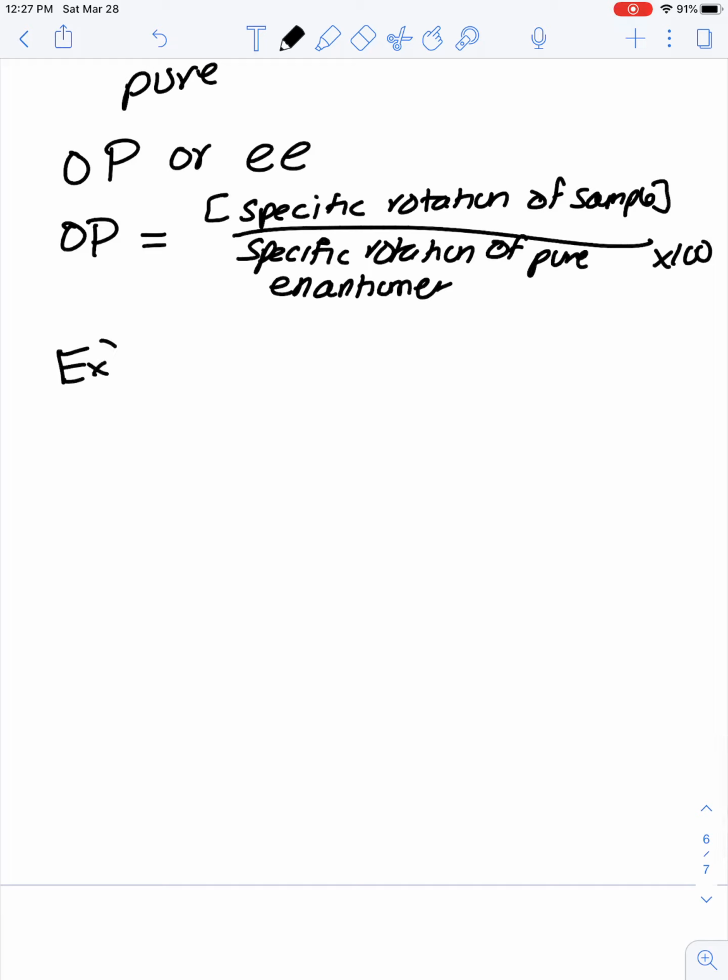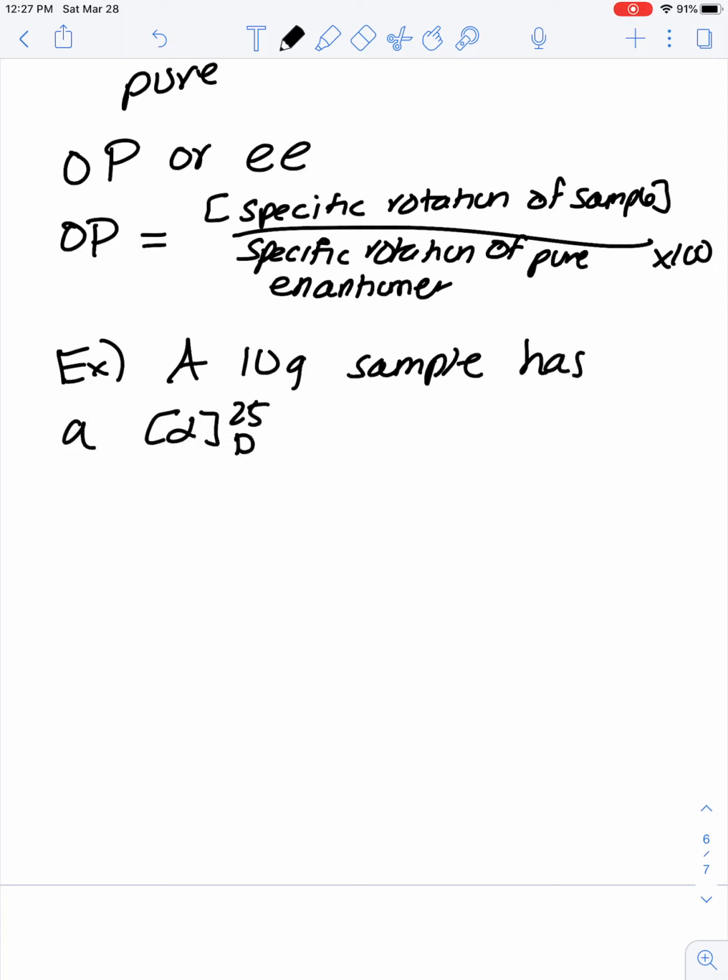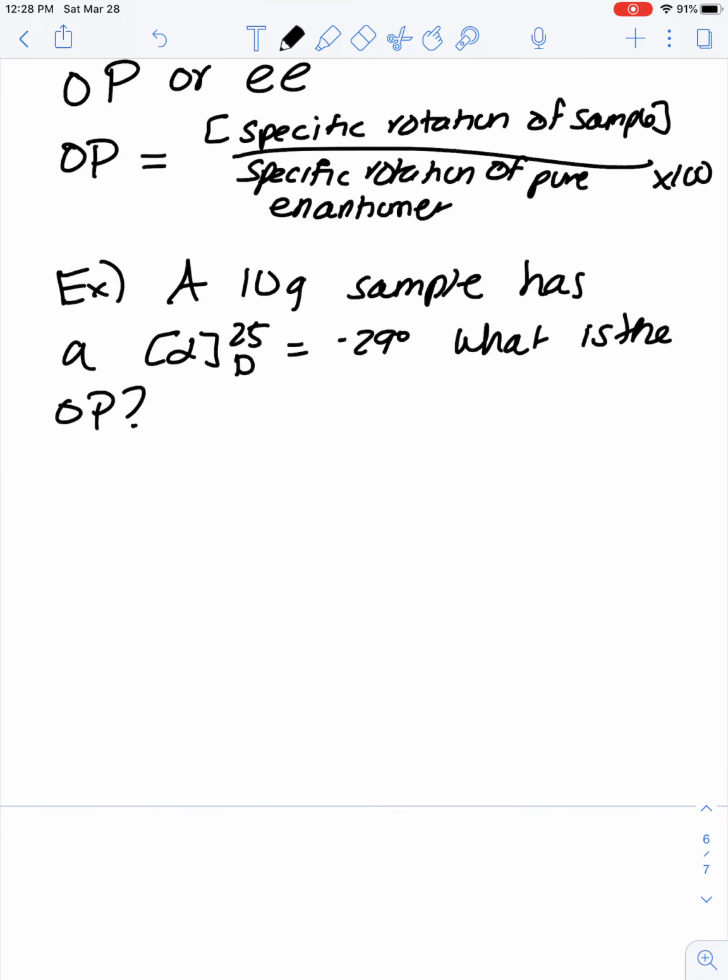So let's look at an example. If we have a 10-gram sample with a specific rotation at 25 degrees on the sodium D line of minus 29 degrees, and we want to know the optical purity of this phenylalanine, we know that the pure specific rotation, again by looking this up, is equal to minus 34 degrees.